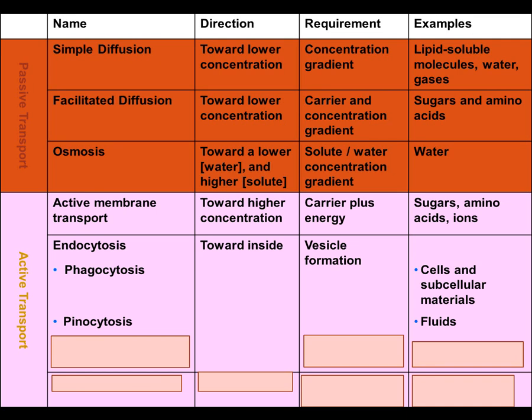It's not like drinking out of a cup or something like that, but it's just pinching in sections of the membrane, taking in fluids, and kind of sampling what's going on outside of the cell. So the difference between phago versus pinocytosis is what? The size of the vesicle that's being formed. Is it just taking in fluids, or is it taking in smaller molecules?